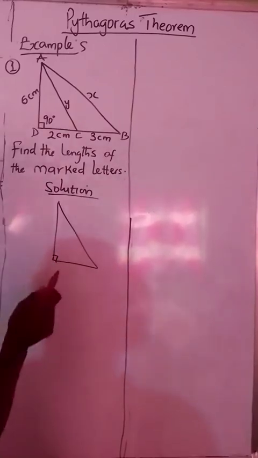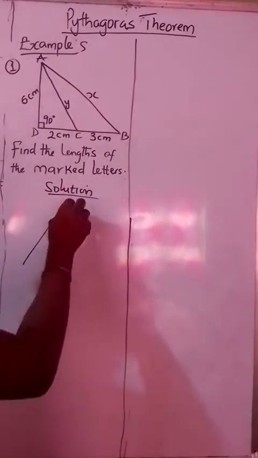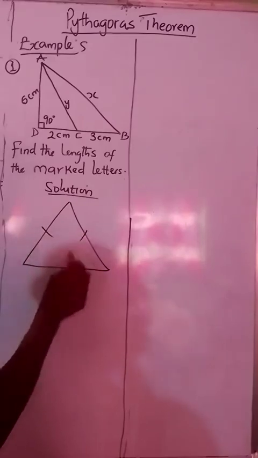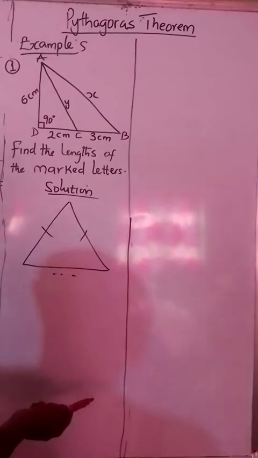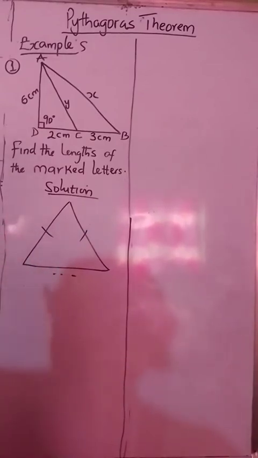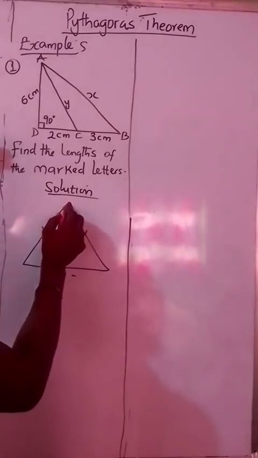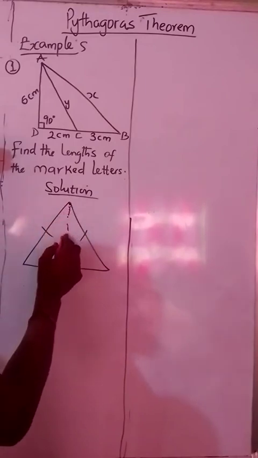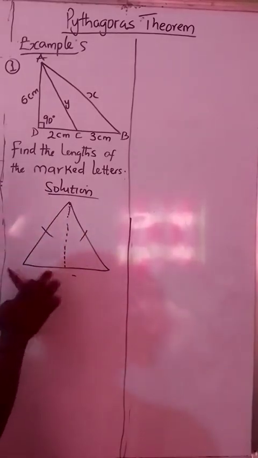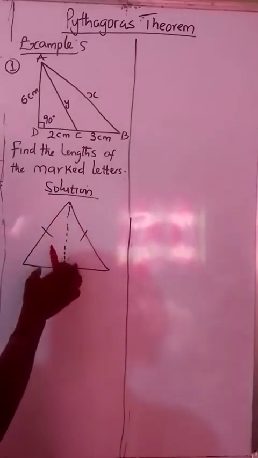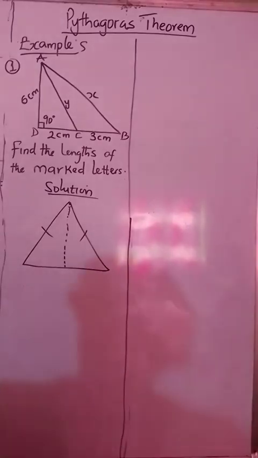So meaning if you have an isosceles triangle, for example, and you have to find the Pythagoras theorem of whatever you're given, you are going to have to find a way of splitting it by creating a diagonal into this isosceles triangle.